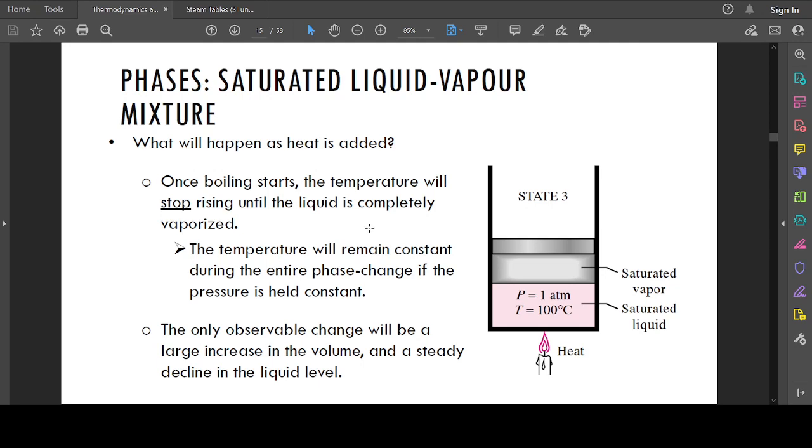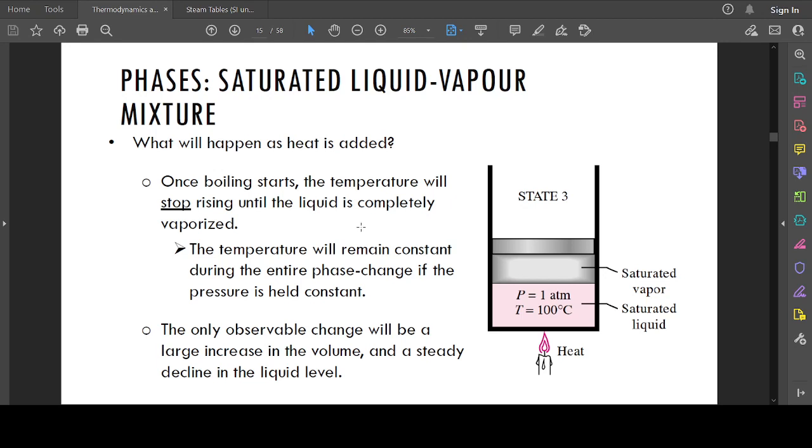At this stage, once the temperature stops rising, we can say that the system has reached a kind of thermal equilibrium because the pressure remains at 1 atm and the heat is continually added to the system, but the temperature stops rising.